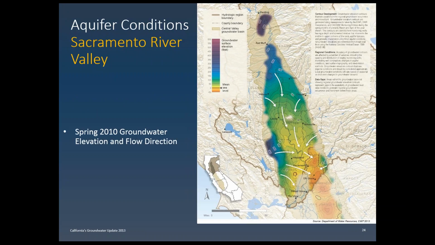Groundwater flows are expected to be south and toward the center for most of the valley. The flow pattern has been altered to flow in the directions of these depressions. As you can see, as you get closer to the Sacramento area, the flow directions tend to migrate to some degree to the east side to try to fill in that depression, where it would normally flow out through the delta.